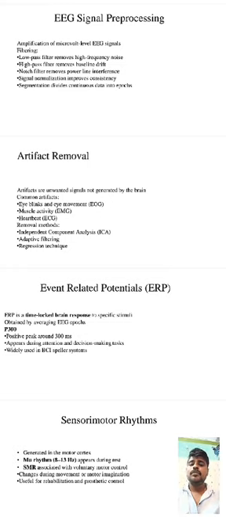P300 is a peak around 300 ms, mostly used in the BCI speller system.